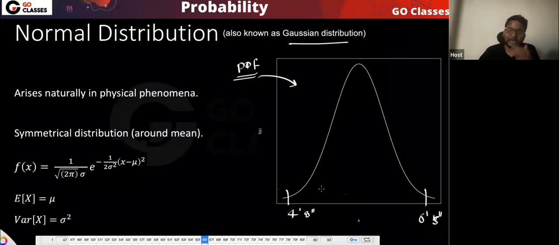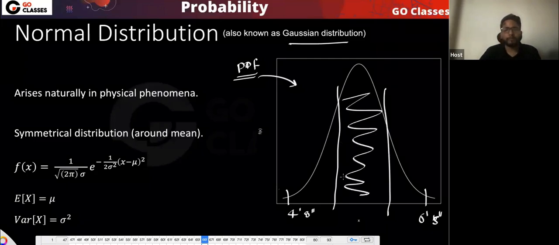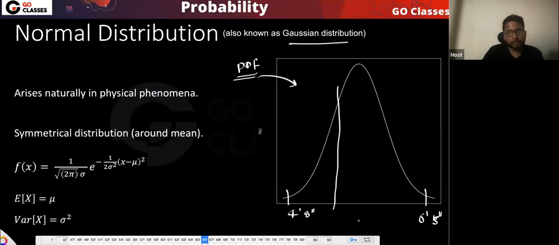So the height of people is also in general in this region only. Most of the people are common, most of the data is common, most of the mass is always together. There are few people with lesser height and few people with greater height. So that is why the normal distribution is very, very popular and very, very normal. Actually, it is so normal that we call it the normal distribution. Now you can guess how normal it is.